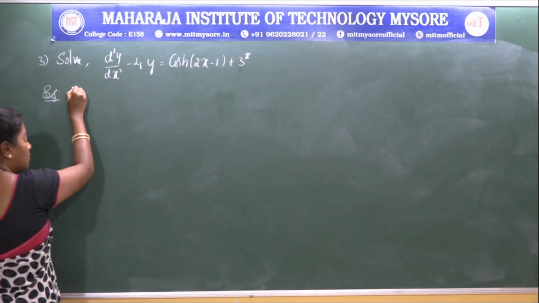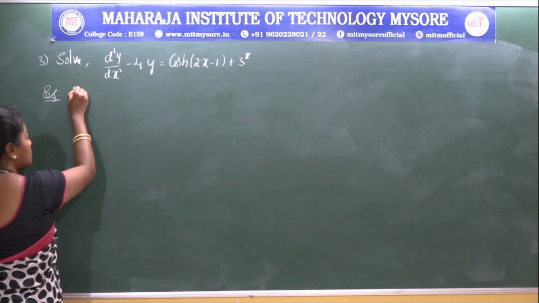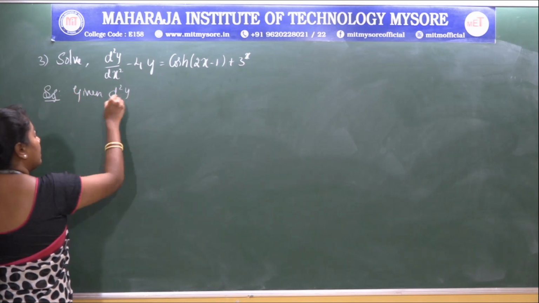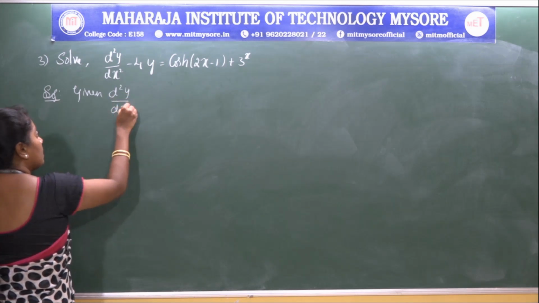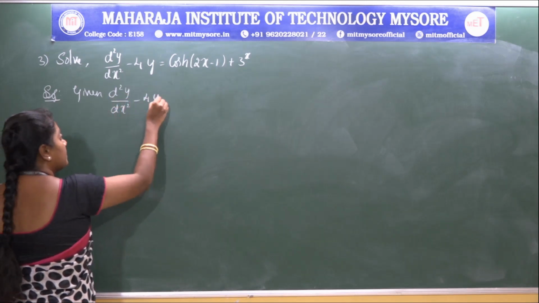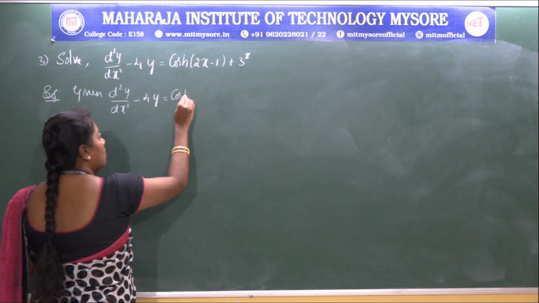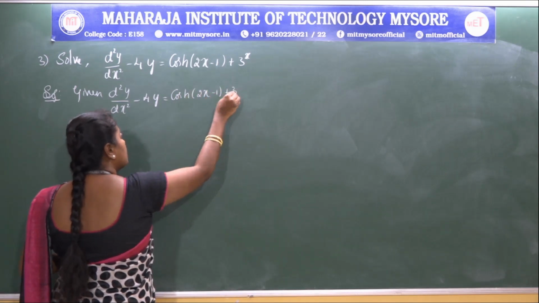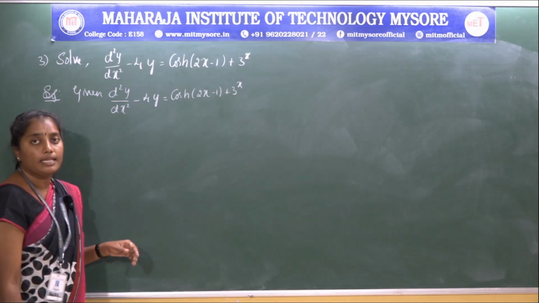So now write the given differential equation. What is given? D square y by dx square minus 4y is equal to cos hyperbolic 2x minus 1 plus 3 to the power of x.